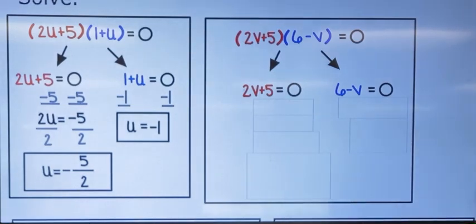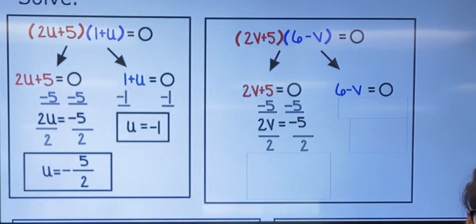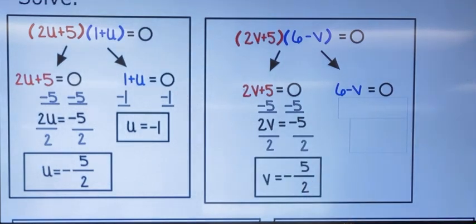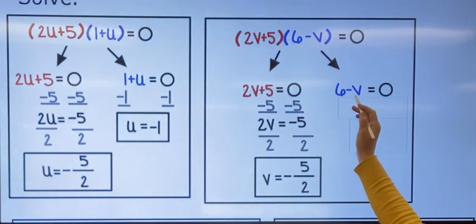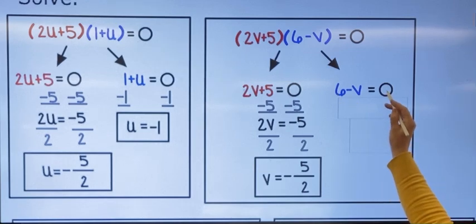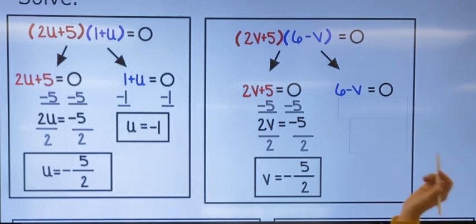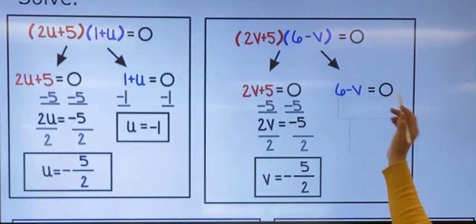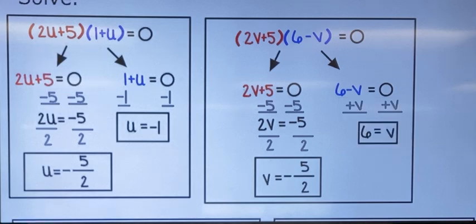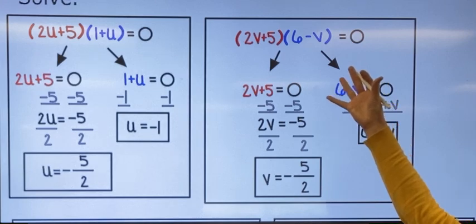So solving, I'm going to subtract 5 from both sides, divide by 2, and I end up getting -5/2. I could subtract 6 and then divide by -1, but I think it would be faster just to add v to get v by itself. So if I add v to both sides, I find out that v is 6.